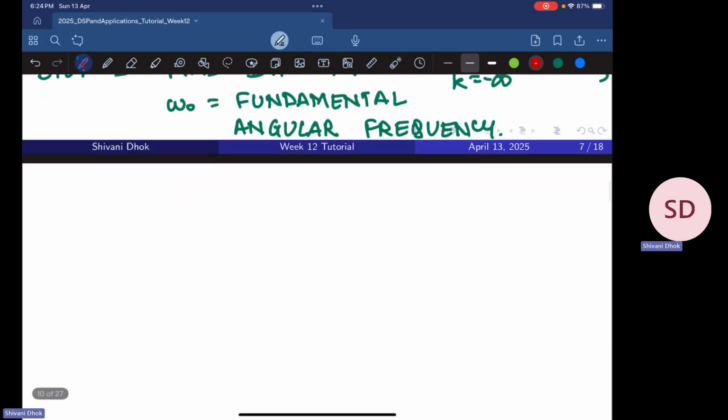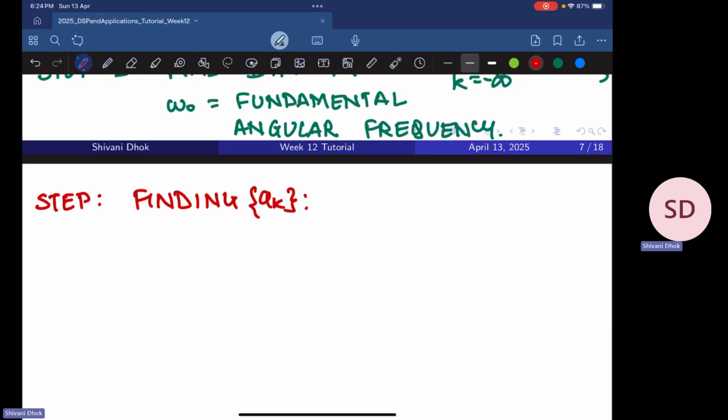So let's start with step 1, which is finding the a_k's, and that is given by 1 over N summation n running from 0 to N minus 1 p of n into e power minus j k omega naught n.